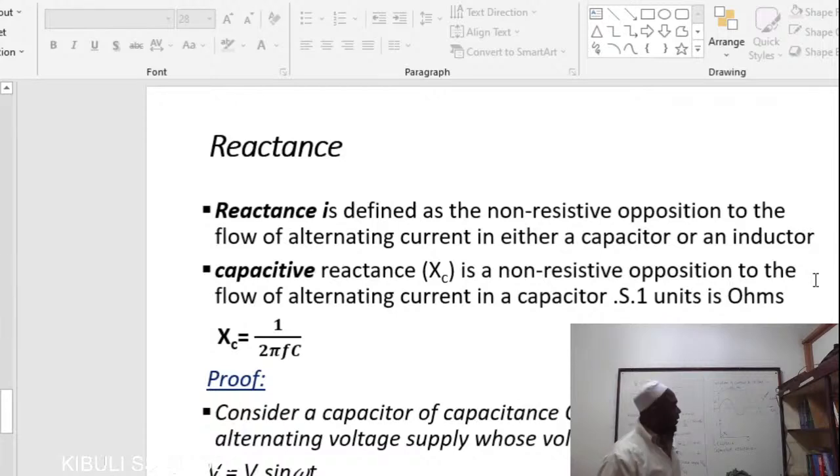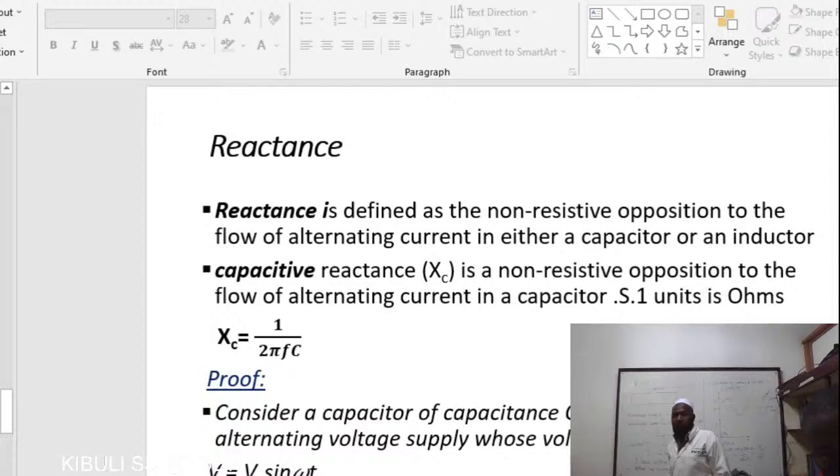It is denoted by the letter XC, and XC is the same as 1 over 2 pi FC, or you can write it as 1 over WC.